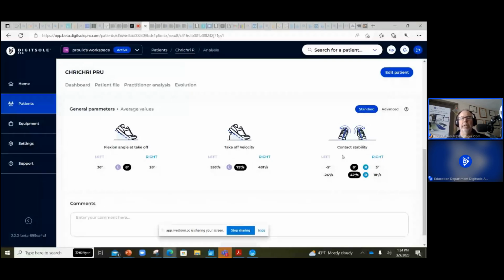And you want to see small numbers here. You don't want to see large deviations. And especially in the counter movement vertical jump, because we're landing on both feet, there aren't many problems where I would consider someone would have really large deviations, and they really shouldn't be that different between side to side. So we like to see a small number, right?